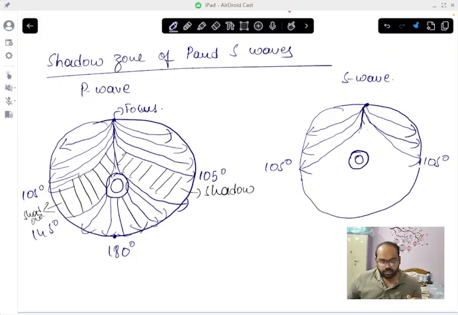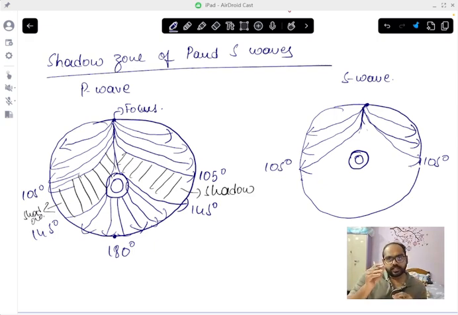So from 105 to 145 degrees, P waves have shown a shadow zone. That is, they disappeared in that zone. Shadow zone means from 105 to 145 we cannot measure or see P waves traveling in that zone. They got deflected and again appeared after 145 degrees.